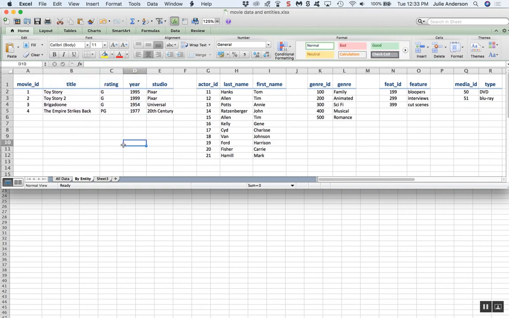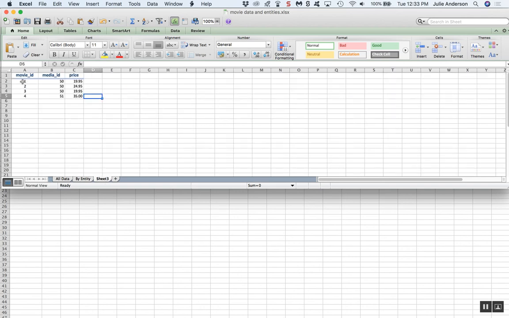So just to show you a linking table, we talked a lot about the movie and the media. So let's take a look at what that linking table would look like. You would have the number of the movie, which was Toy Story, the media ID, which the 50s are DVDs, and then the price. So that movie on DVD is this price. Empire Strikes Back on Blu-ray is this price.